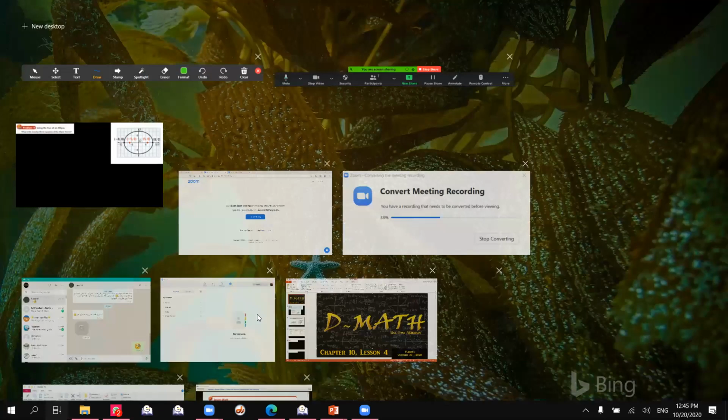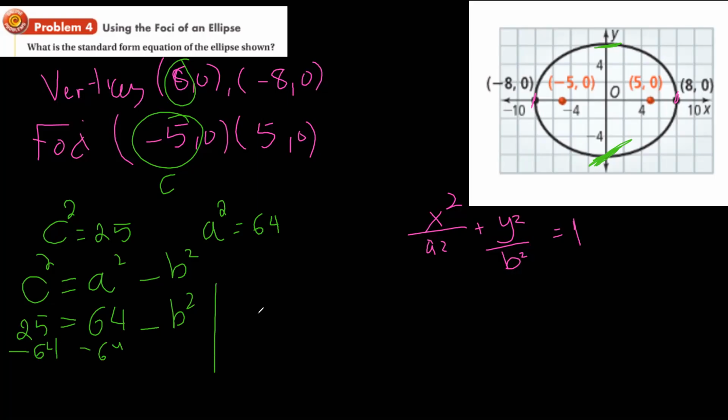So b squared is 64 minus 25, which is 39. So b squared is 39, and b is the square root of 39, which is approximately 6.